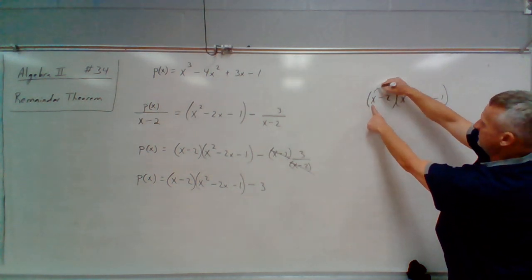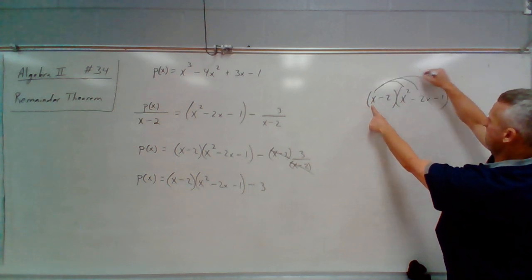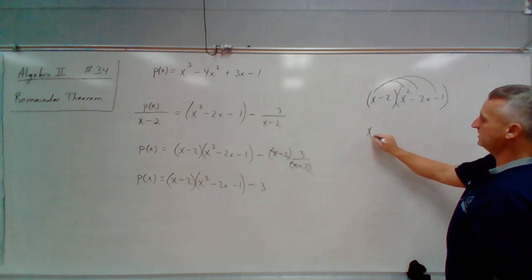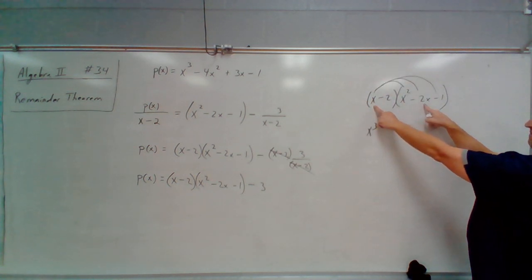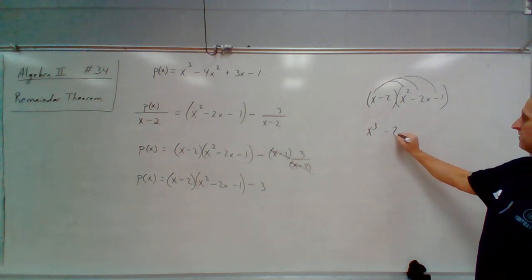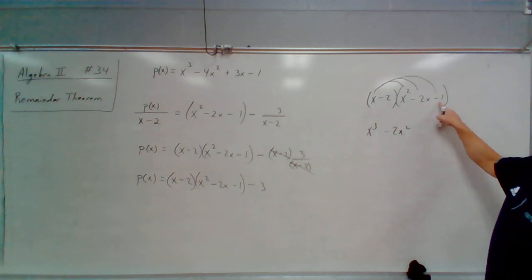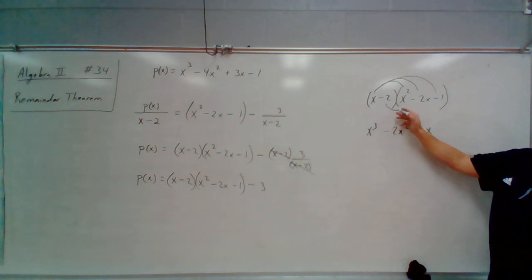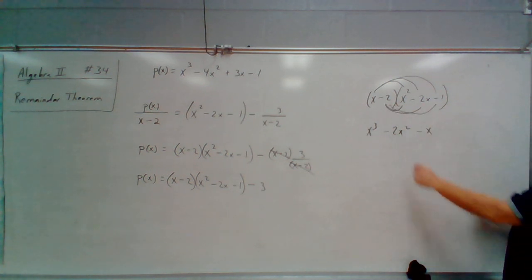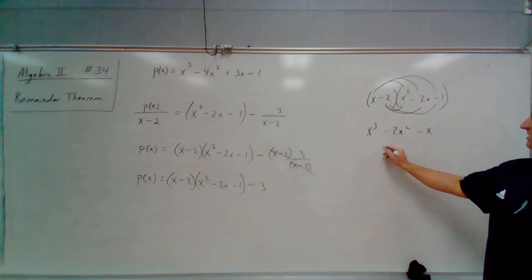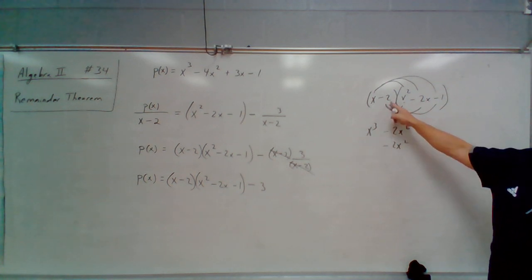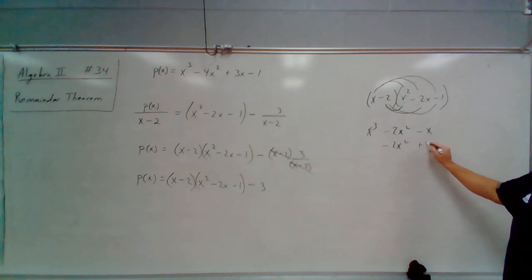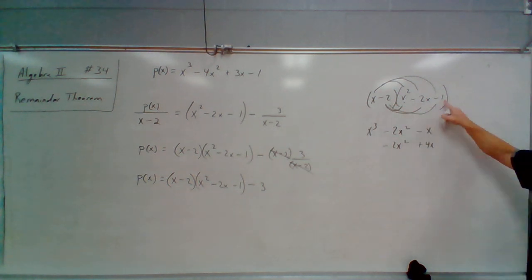So if I distribute here, here, here, I get x cubed minus 2x squared minus x. Then multiply the minus 2 times each one of these three. I get minus 2x squared. I get plus 4x. And I get plus 2.